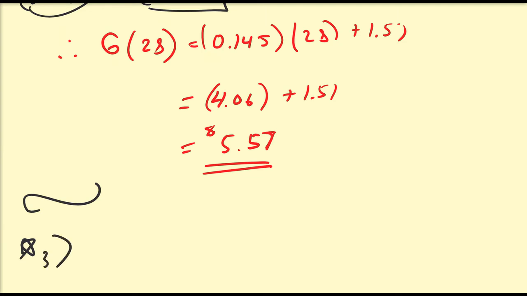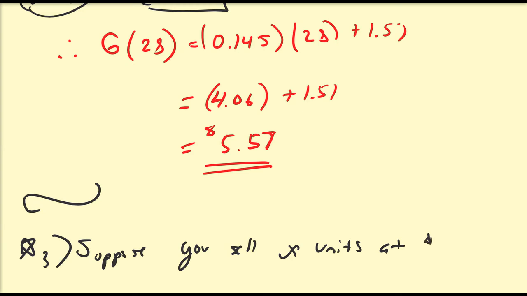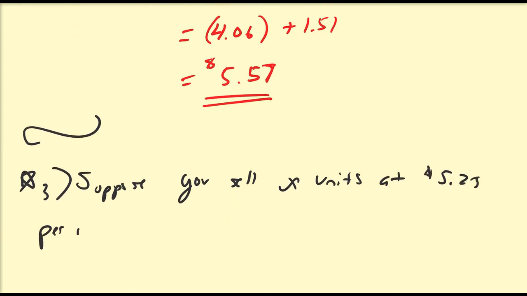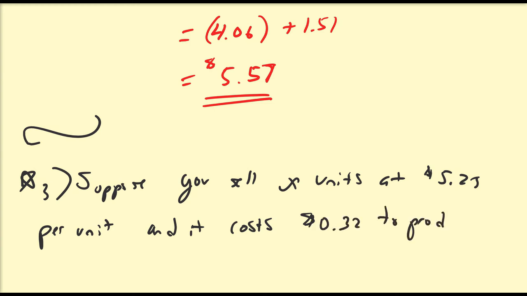All right, so application 3. Suppose you sell x units at $5.25 per unit, and it costs $0.32 to produce each unit.